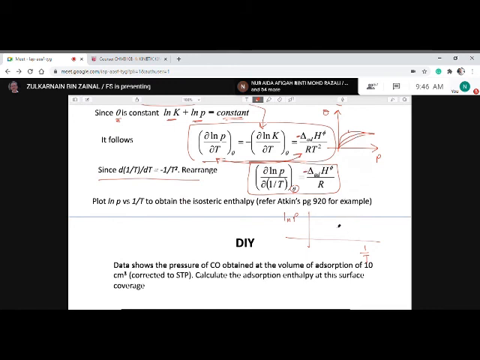The slope of the graph that you get is delta H over R, and from there you should be able to get the value of delta H, right?